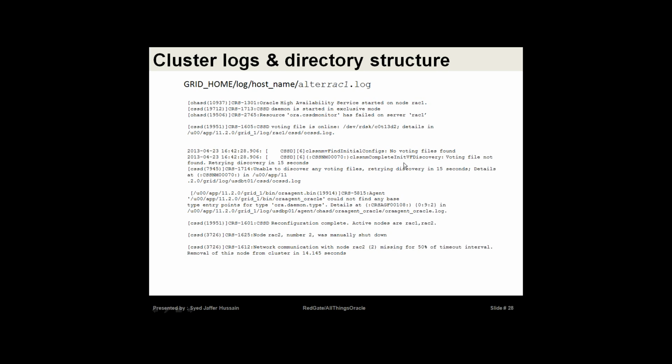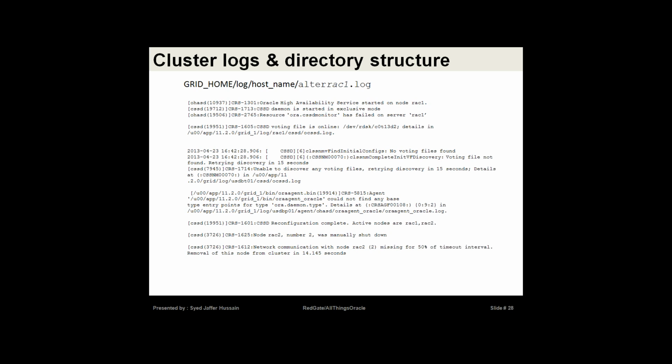The third message represents that no voting file found or voting disks are missing. Likewise, you see the message at the bottom says the node is going to evict, and also you will see the reason, like which thread of the cluster synchronization daemon process caused the node eviction.